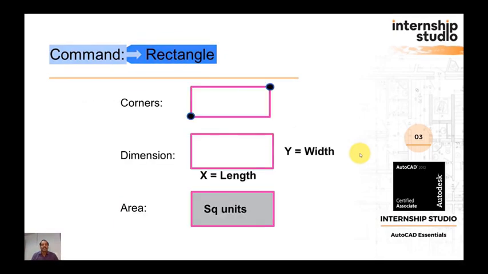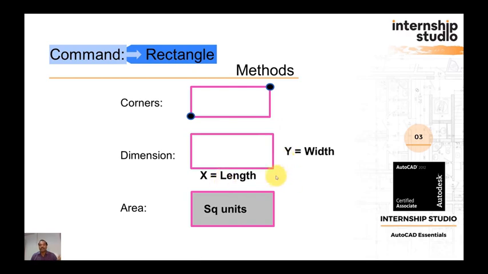There are many methods to construct this polygon in AutoCAD. The first method is corners. Just specify the opposite corners of the rectangle, and easily we can construct it. The length and width will be calculated based on these 2 corner points. The next method is to directly specify how much x distance and how much y distance, that means how much length and width we want for the rectangle.